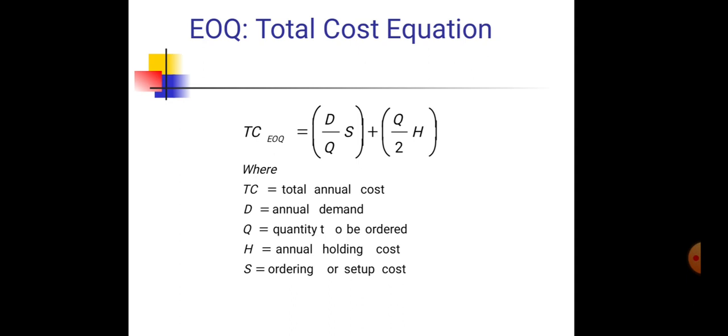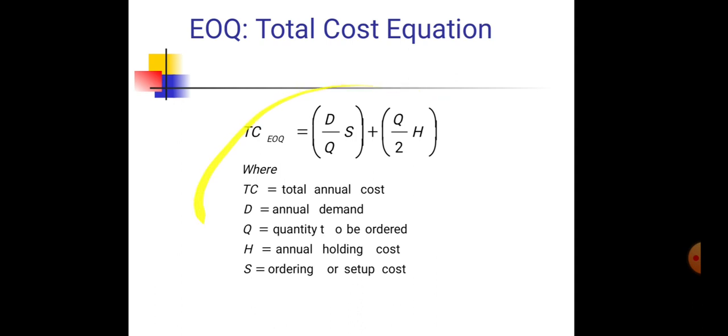Then how to find out total cost? Total cost, considering EOQ, equals D by Q into S plus Q by 2 into H, where D is annual demand, Q is the quantity to be ordered, S is ordering cost or setup cost, and H is holding cost.